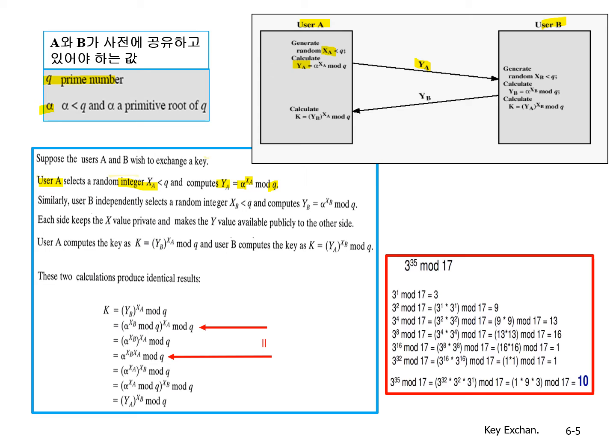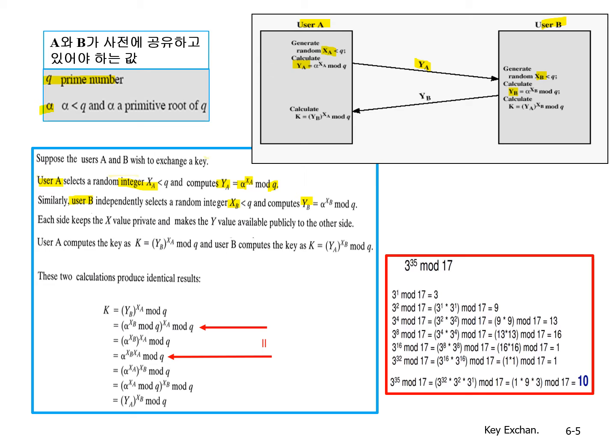XA must be secure. A keeps XA securely. Similarly, B selects a random XB and computes the blind number YB.